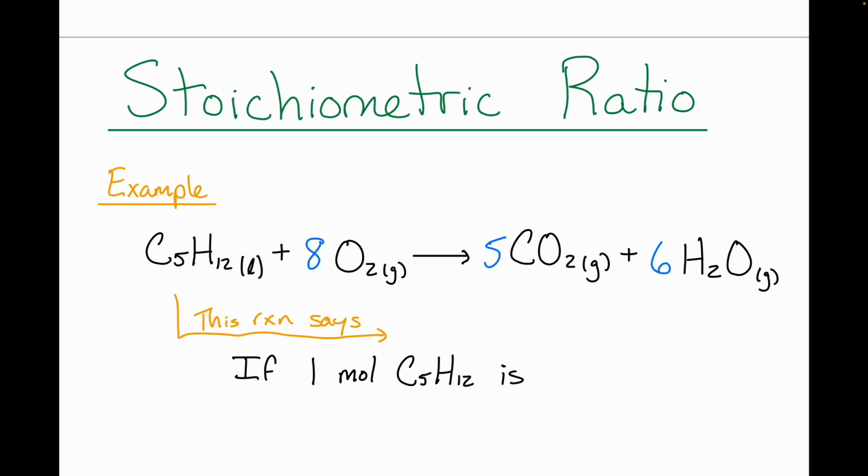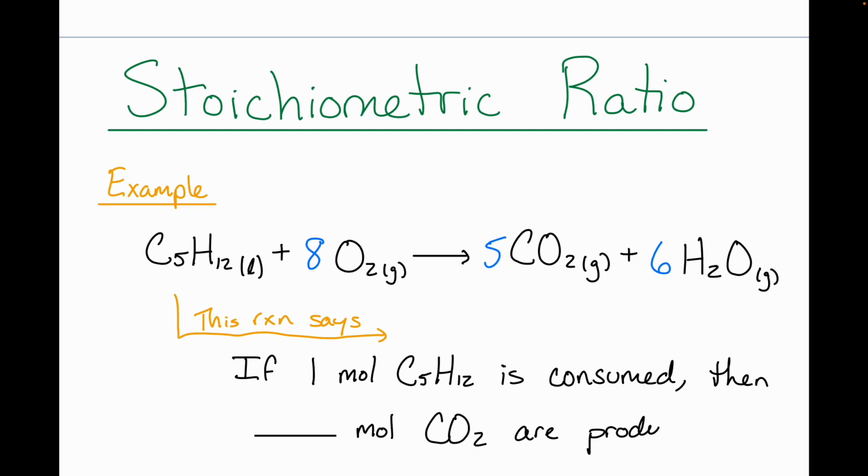So if 1 mole of C5H12 is consumed, then how many moles of CO2 are produced? And how'd you get that? Straight from the balanced chemical equation, right? Our coefficients say that if 1 mole of C5H12 is consumed, I'm going to get 5 moles of carbon dioxide.